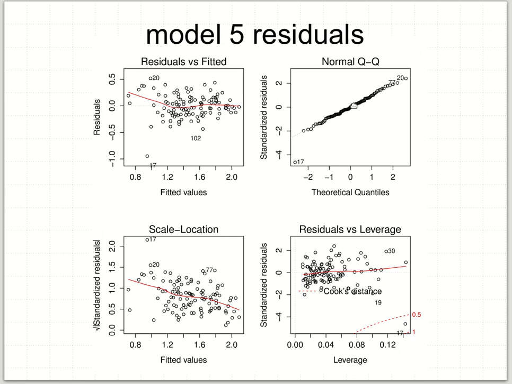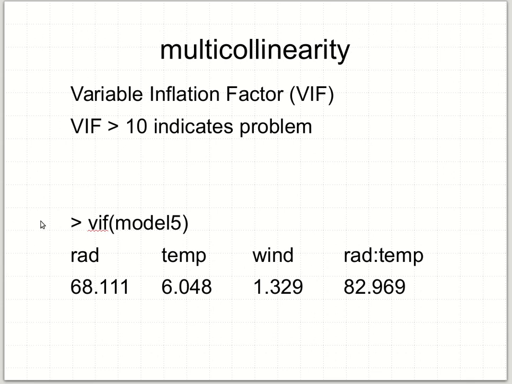I like the normality plot. That's looking pretty good, except for that oddball point number 17 in the data. It looks like there's some sort of a trend here if I take the square root of the positive residuals. The Cook's distance is more or less flatlining here too. There's that 17 oddball out there. So I think for the most part I'm liking this. The problem really is this collinearity issue.